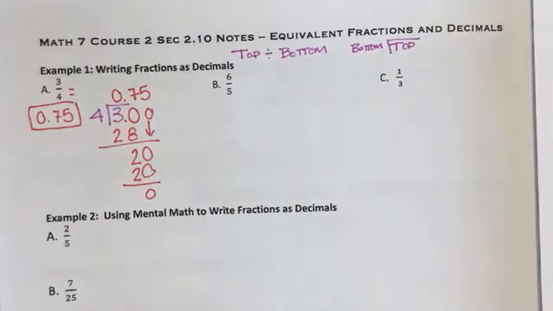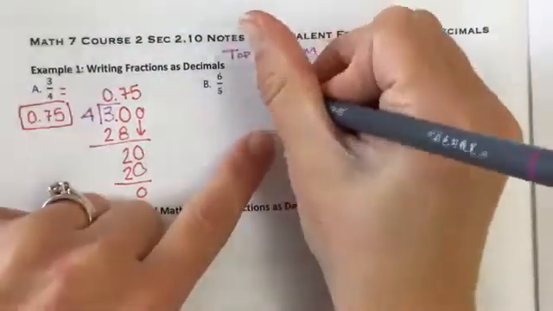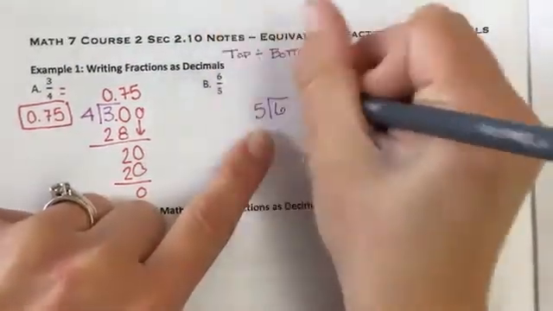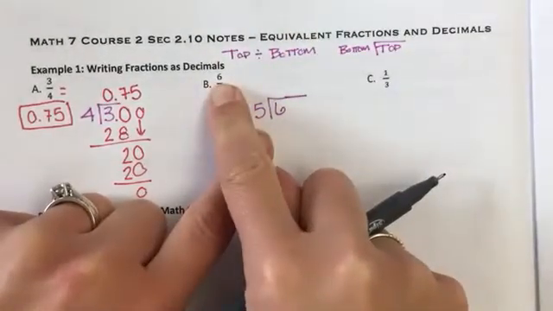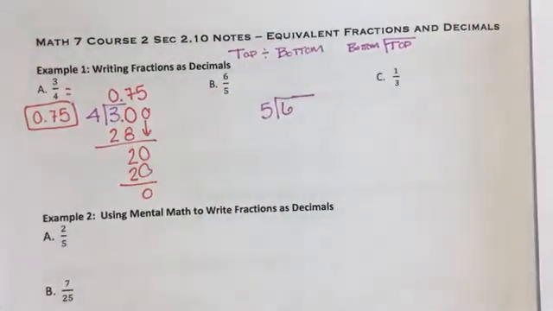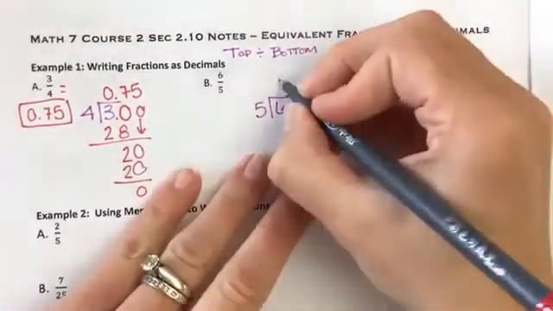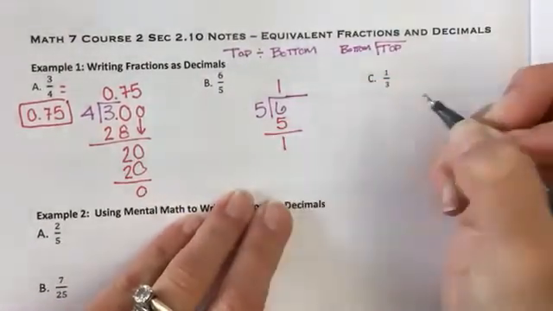So now we'll do our next one, 6/5. So 6 divided by 5. Now, because this was an improper fraction, it was top heavy, the 5 does fit into 6 nicely. It fits in there 1 time. 1 times 5 is 5. When I subtract, I get a 1.